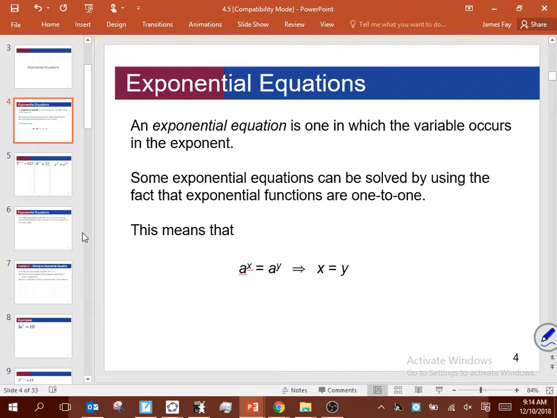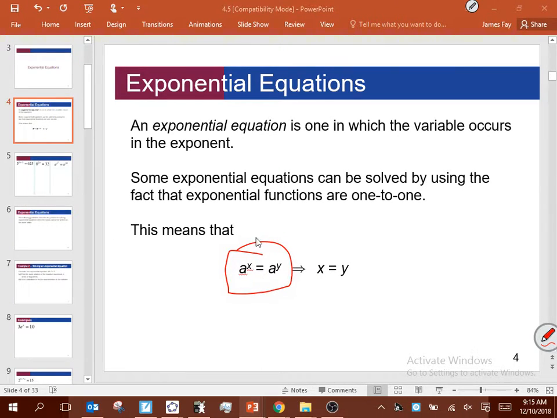So some exponential equations can be solved pretty easily if they're in what we call a one-to-one relationship, okay? Meaning that if they both have the same base a, to make the left-hand side identical to the right-hand side, don't the x's and y's have to be the same?